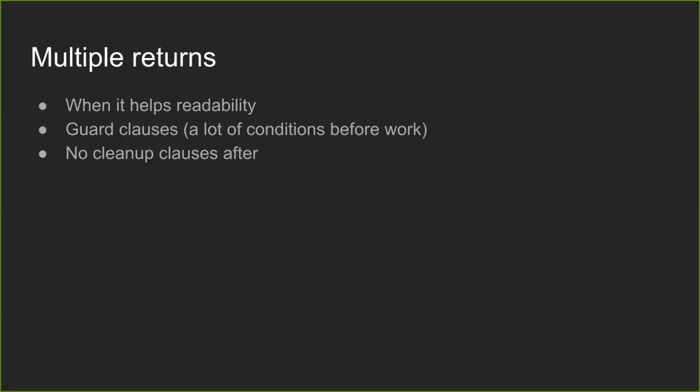When it comes to multiple returns, they are encouraged to be used when it helps readability. Otherwise, they should be avoided. There are some cases where they are really great.